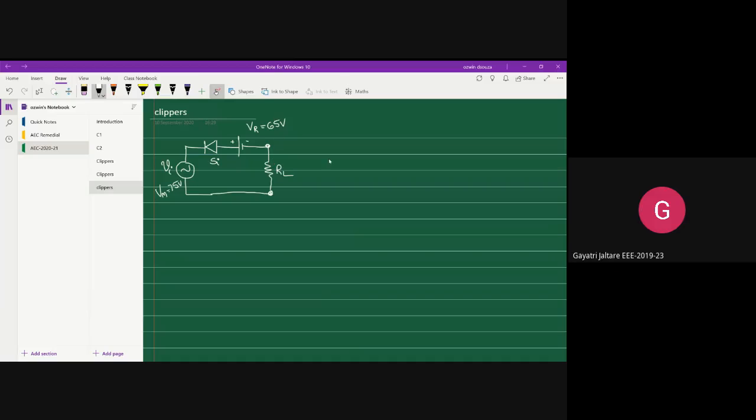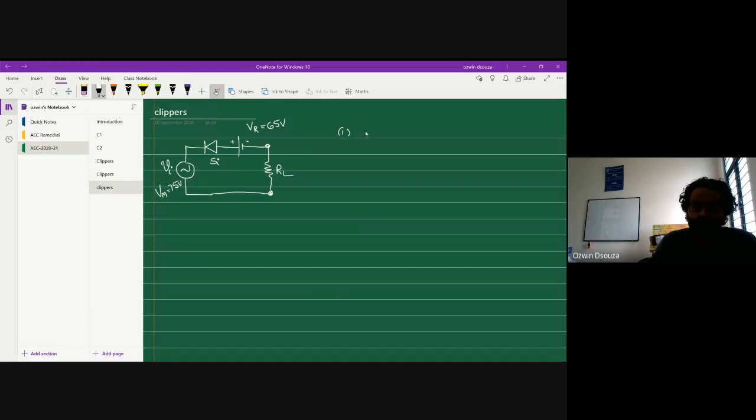All right. So you are supposed to plot VI versus V naught, and the second one is the transfer characteristics. And thirdly, you're supposed to show the analysis.